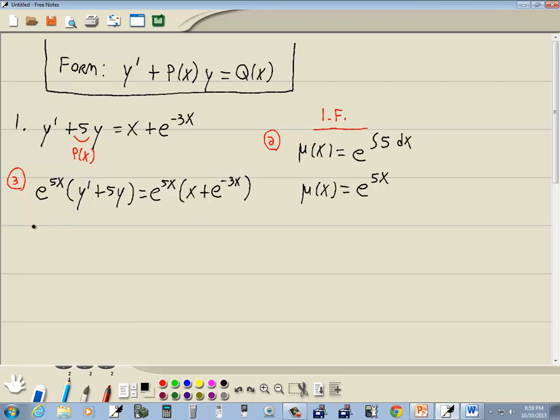Okay, over on this side, if I multiply that through, I'm going to have e to the 5x y prime plus e to the 5x times 5y gives us 5e to the 5x y. Now over on this side, if I multiply it through, e to the 5x times x gives us x e to the 5x. E to the 5x times e to the negative 3x. Since they're both e to a power, you add the exponents. 5x plus a negative 3x gives us 2x. So this is going to be e to the 2x.